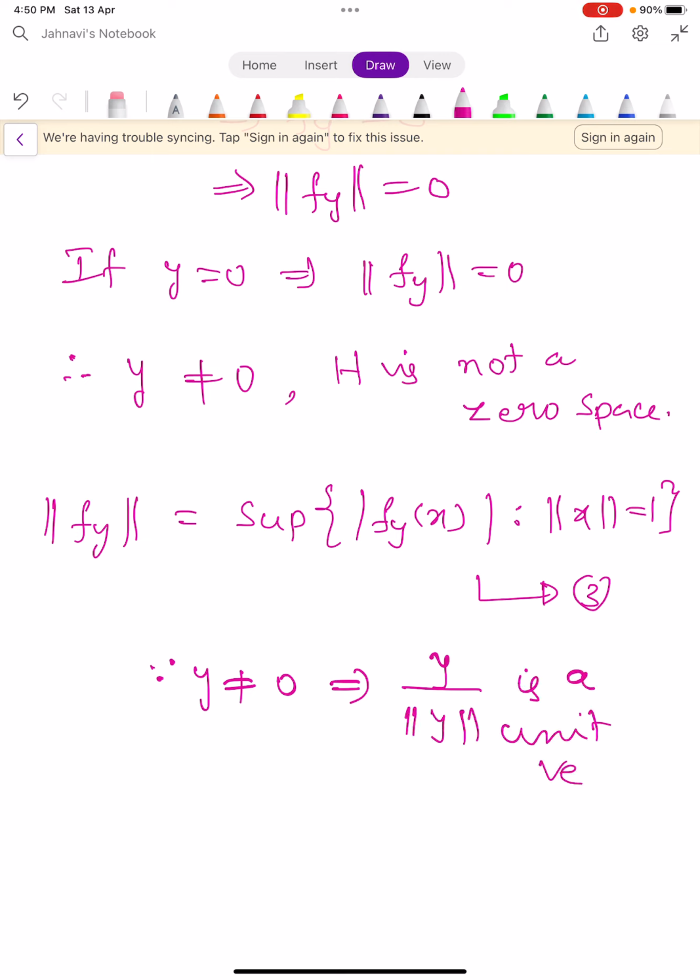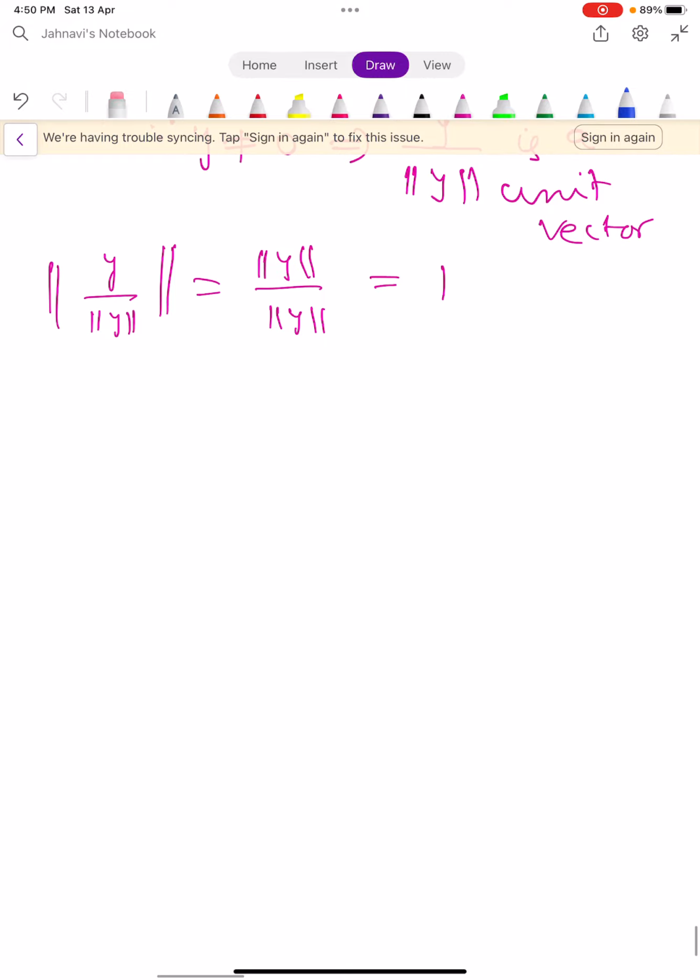It is very trivial. The norm of y by ||y|| is ||y|| by ||y||, which is equal to 1. So define x is equal to y by ||y||.